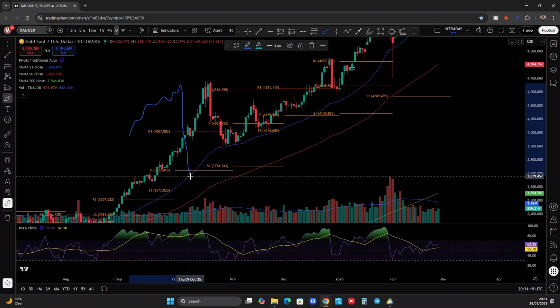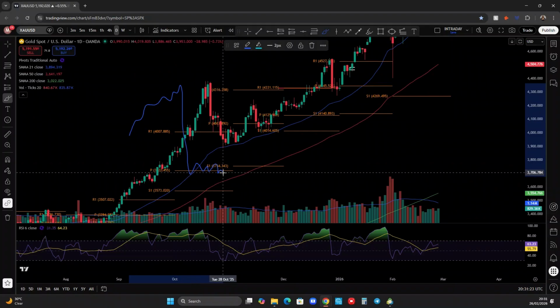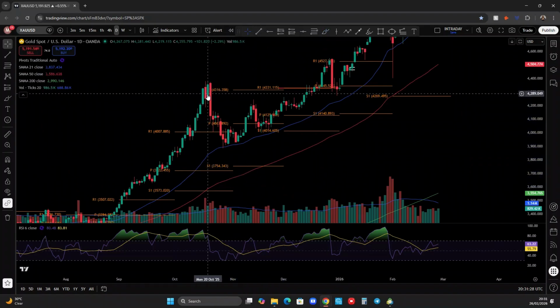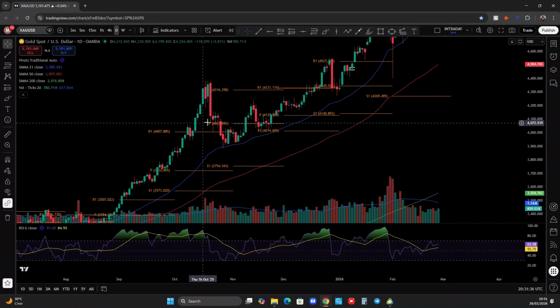And that's a whole change in direction. So this right here on the lower time frame is bearish. So on the lower time frame, the chart is bearish.